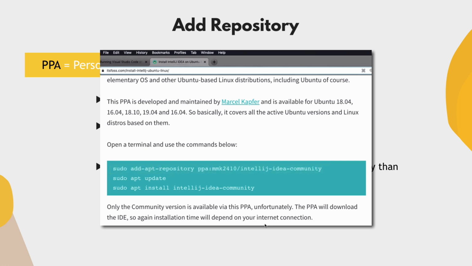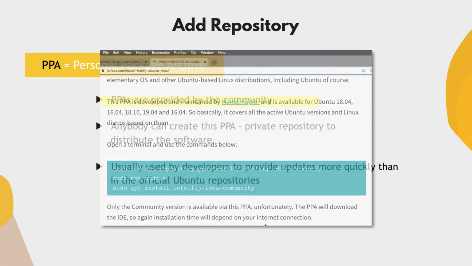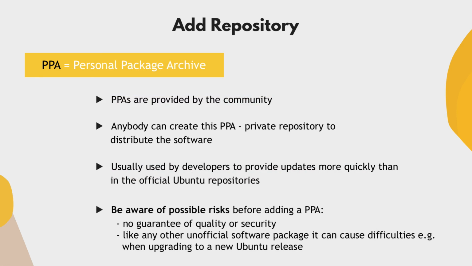Now note that PPAs, as the name suggests, personal package archive, are personal repositories, so they're not verified by the Linux distribution that you're using. So you should be very selective when adding PPAs to your system and verify yourself who this repository belongs to, who is maintaining it, etc.